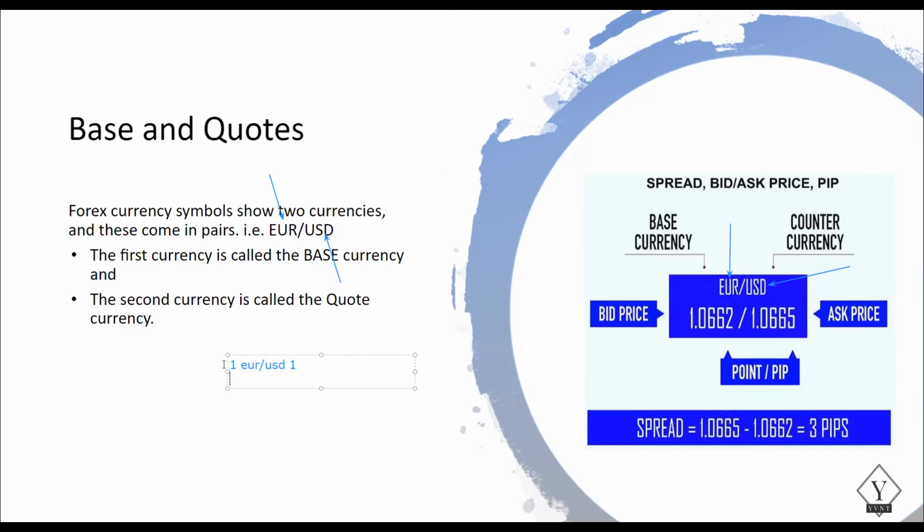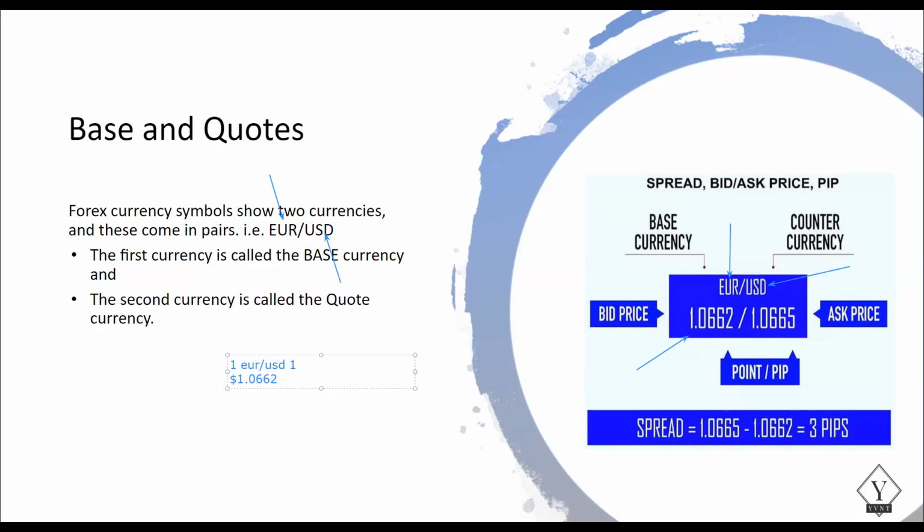So in this example, looking at the right here, looking at this price here, this price tells us that 1 euro costs 1.0662 dollars.